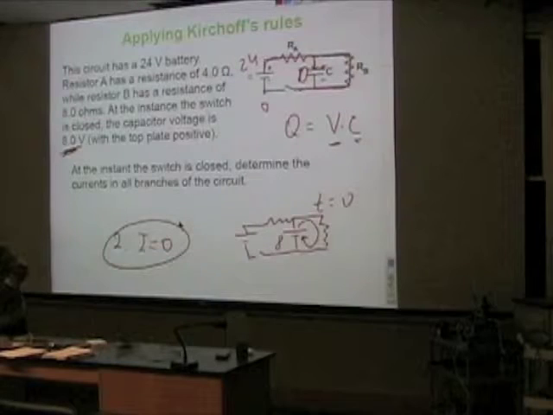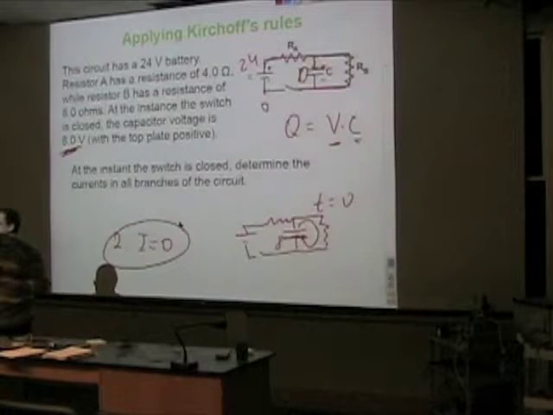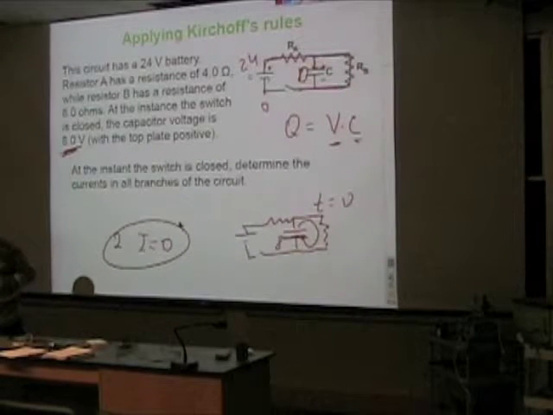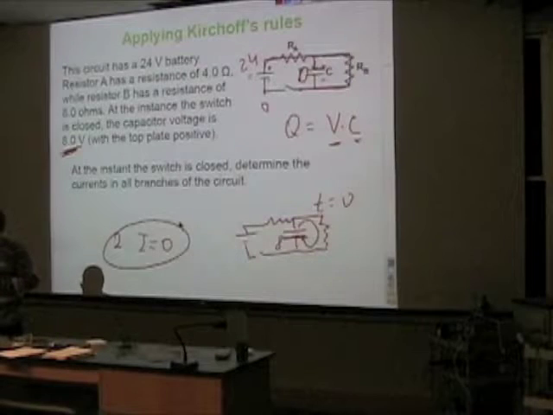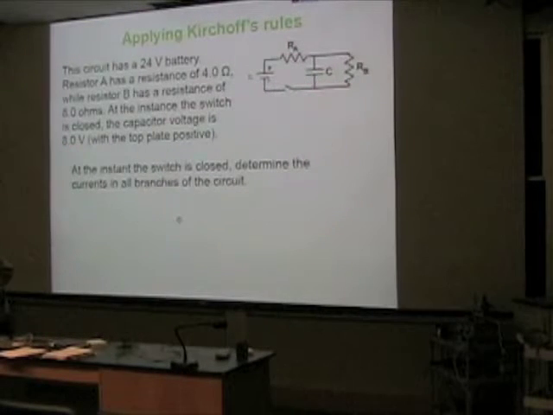In that case, that would not be a battery. That would be just the gap. And in that case, we wouldn't have any current in the circuit. But if it says some potential across the capacitor, it means we can think of it as a battery. We can redraw the circuit. And after that, we can answer all the questions.